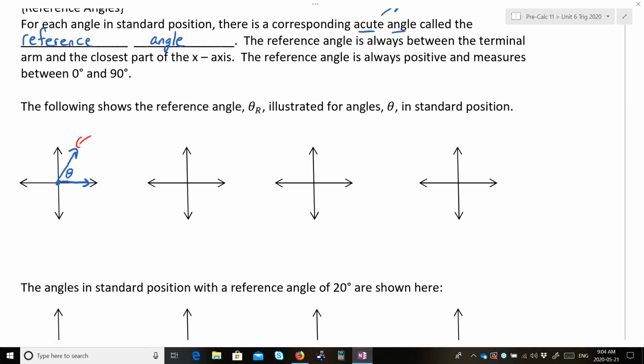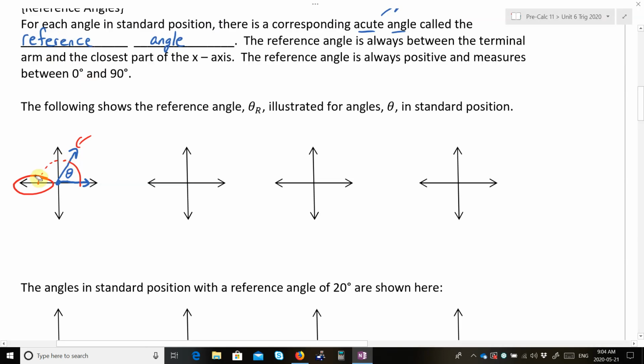And the angle that's between the terminal arm and the closest part of the x-axis is actually the same angle in that case right there. It wouldn't be this one over here because the x-axis over here is further away from the terminal arm.